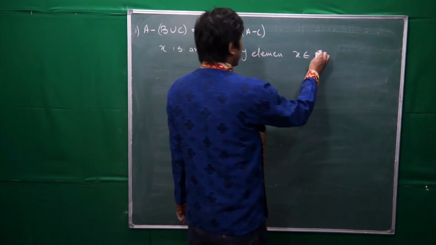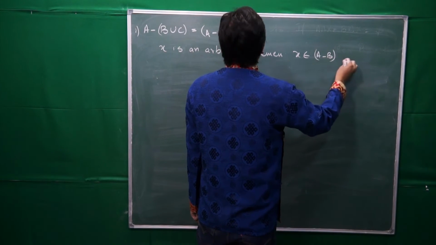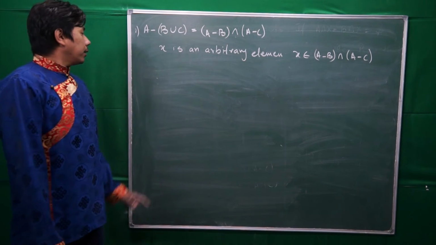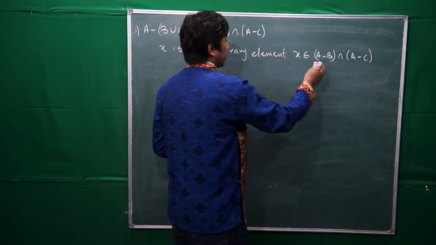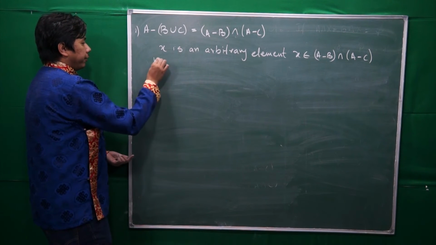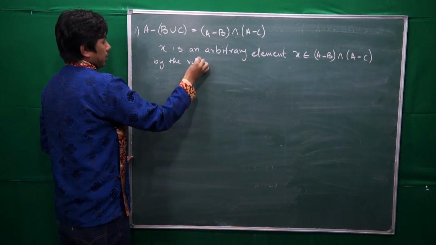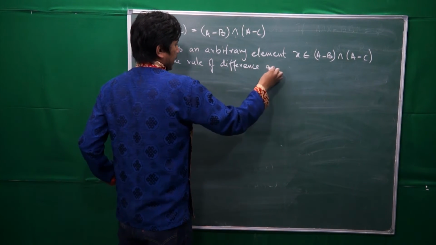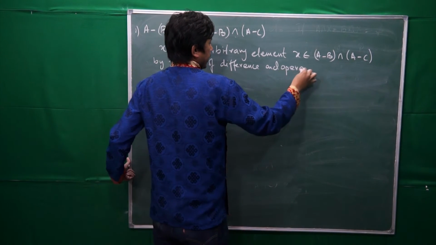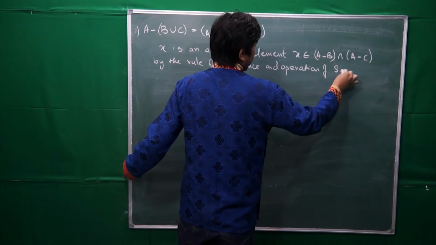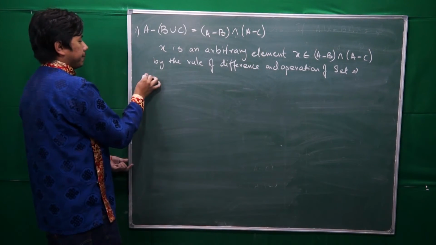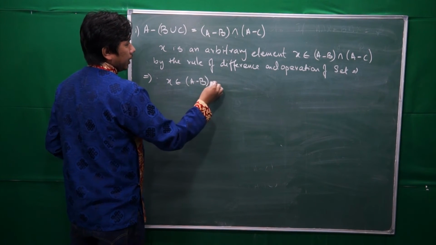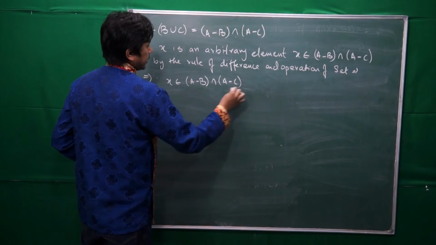The set is A minus B intersection with A minus C. Now X being an arbitrary element that belongs to this set, by the rule of difference and operations of sets, we can write that X belongs to A minus B intersection A minus C.